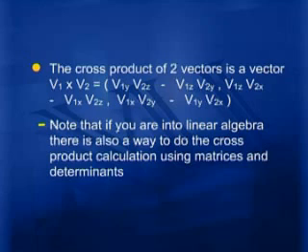Similarly, for the z coordinate the x and y coordinates are being used to calculate the value. So in this way we come up with the resulting product vector, which is the cross product of v1 and v2, and it is itself another vector.